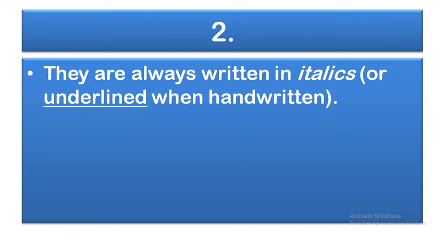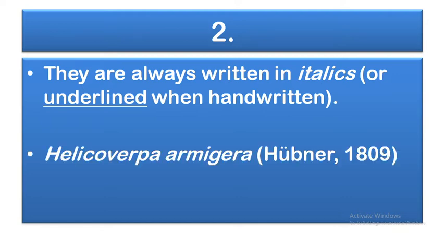What is italics? Somewhat inclined font is italics. If you can't have it in italics while writing, you should underline it. Wherever it is not in italics, it should be underlined.